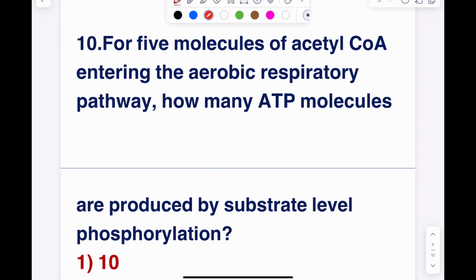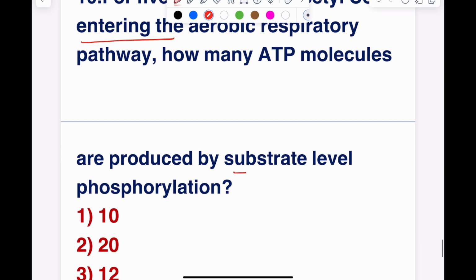Next one. For 5 molecules of acetyl coenzyme A entering the aerobic respiratory pathway, how many ATP molecules are produced by substrate level phosphorylation?